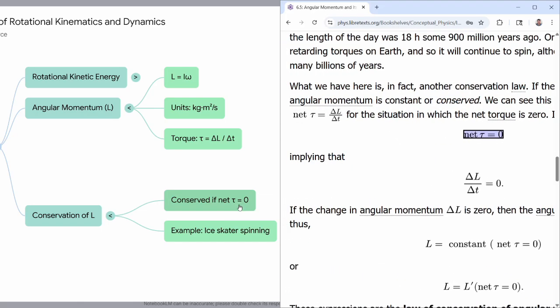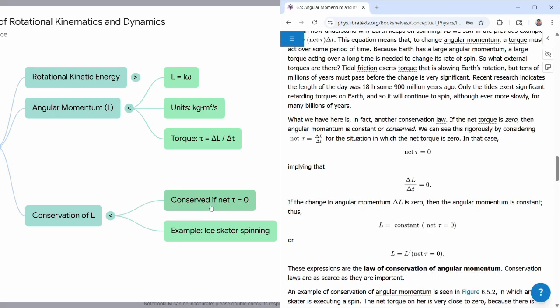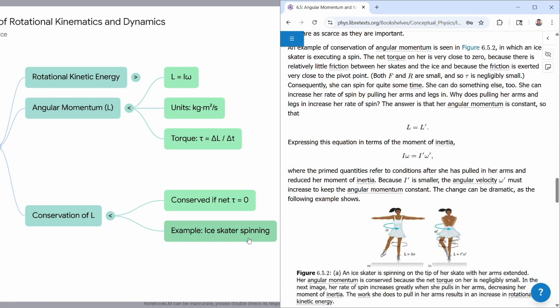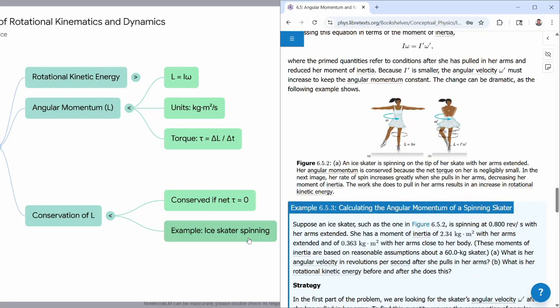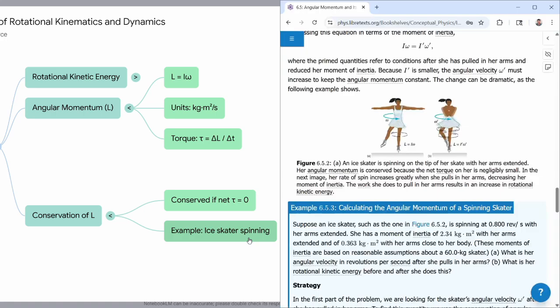And I have a lecture demo that shows the result of this angular momentum conservation as rotational inertia is changing. Your textbook has, I guess, an ice skater spinning. For the lecture demo, I don't have an ice skater, but I do have a video of me standing on a rotating platform.